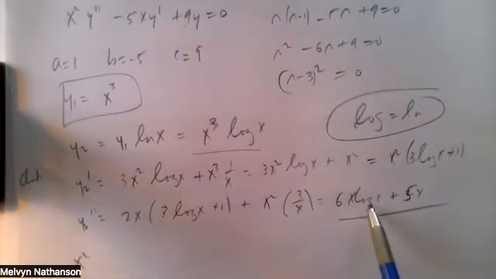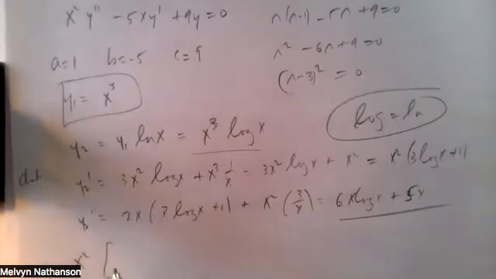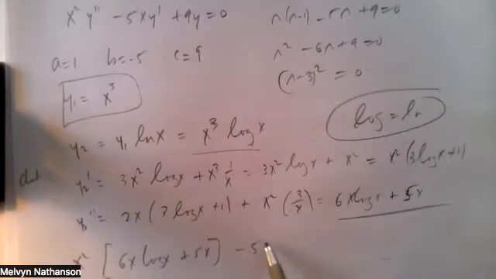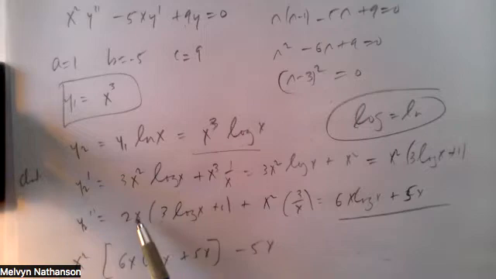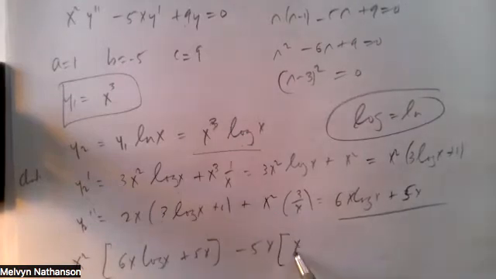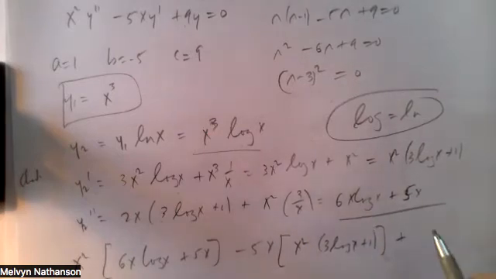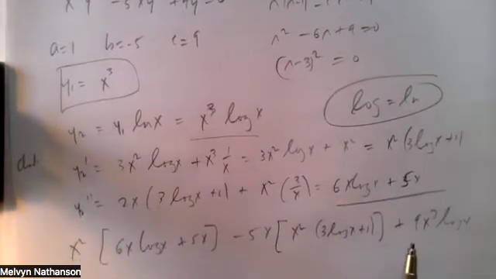So x squared y double prime is x squared times (6x log x plus 5x), minus 5x times y2 prime, which is x squared times (3 log x plus 1), plus 9y, that's plus 9x cubed log x. So let's see what we get.